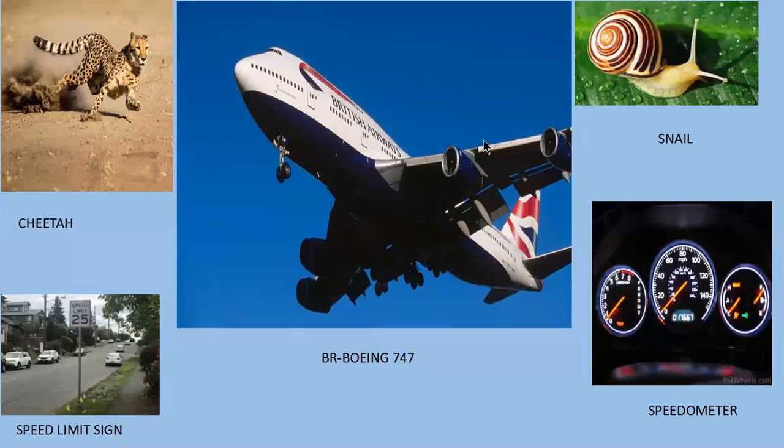Now the next thing is the road sign. You can see this is the speed limit. I think 25 is written. It means in this area of the road, the traveler must keep their speed up to 25 meters per second.